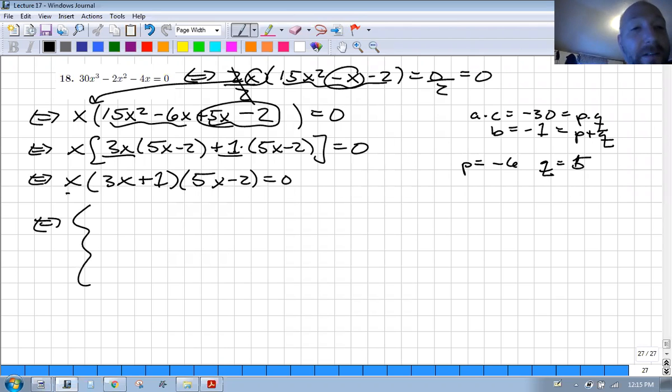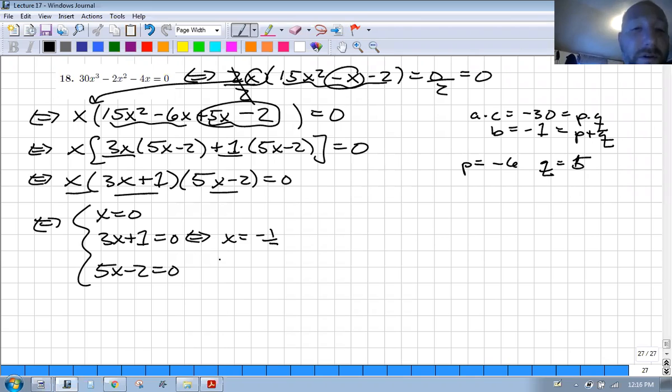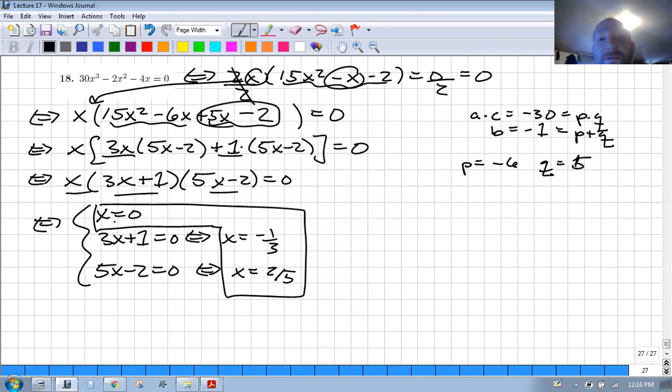So with 3 factors, either x is 0, 3x plus 1 is 0, or 5x minus 2 is 0. This one says x is a negative 1/3. This one says x is 2/5. And there's my 3 solutions to my third order quadratic equation.